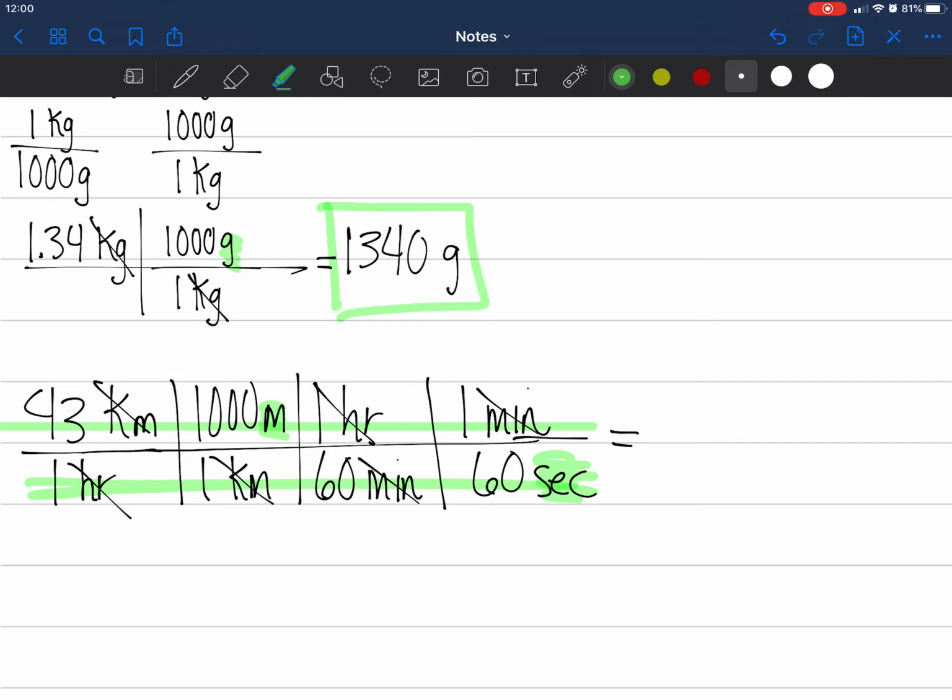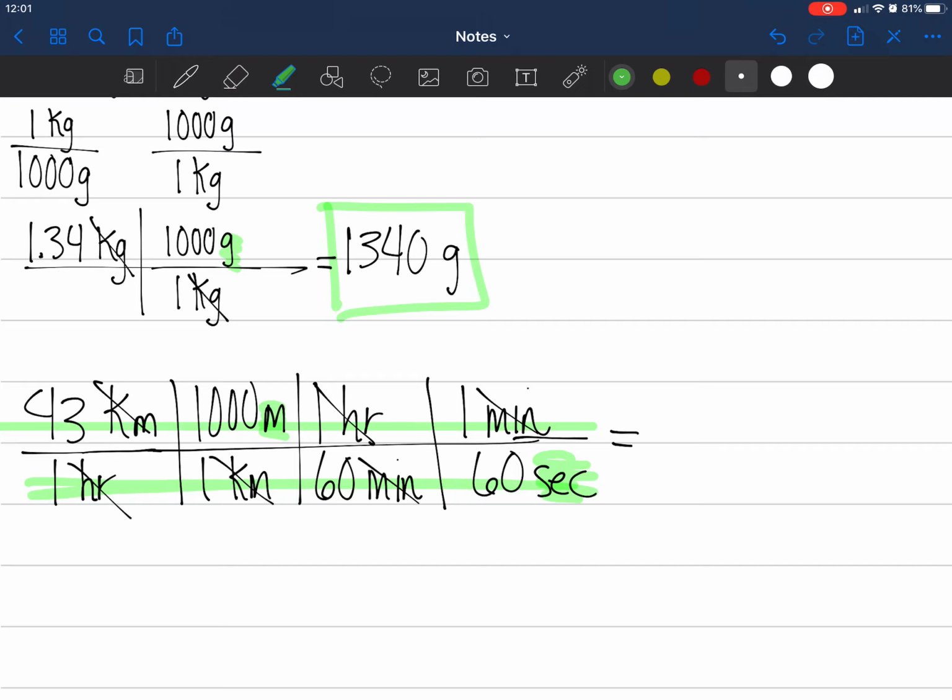That's 43,000. 43,000 divided by the multiplication of 1 times 1 times 60 times 60. So 60 times 60 is equal to, well, 120, right? No, sorry, not 120. 3,600.